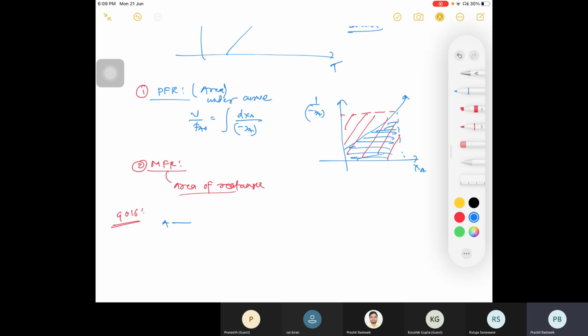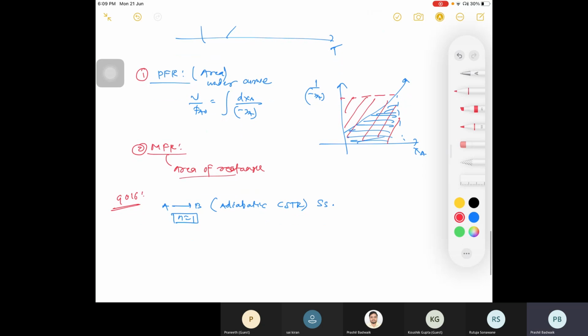You are having reaction A gives B. This reaction was carried out in an adiabatic CSTR at steady state, for order equal to 1. Okay, and you are given one curve, यहाँ पे कर्व दिया है जहाँ पे it is Xa and temperature का बीच का है.